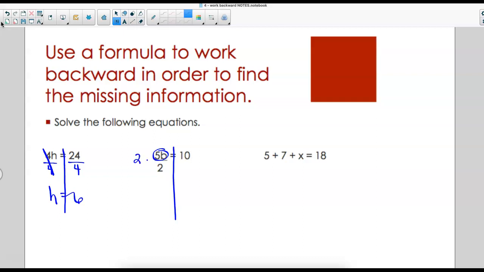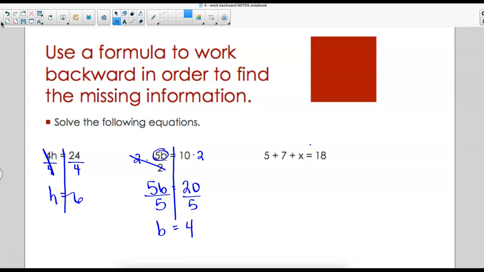So we're going to times each side by 2 first. These cancel. We have 5b equals 10 times 2 is 20. Now we want to get the variable by itself. How do I get the letter by itself, Owen? Divide by 5. And we have b equals 4.